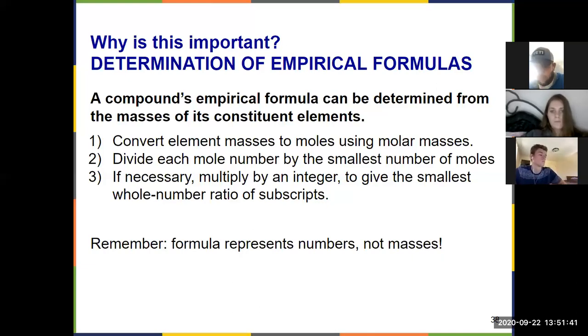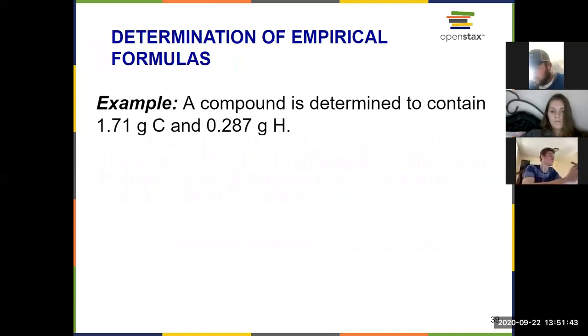So let's check out an example. We've got a hydrocarbon again. Compound is determined to have 1.71 grams of carbon, 0.287 grams of hydrogen. I take those numbers individually. I convert them from grams to moles, which I can always do.